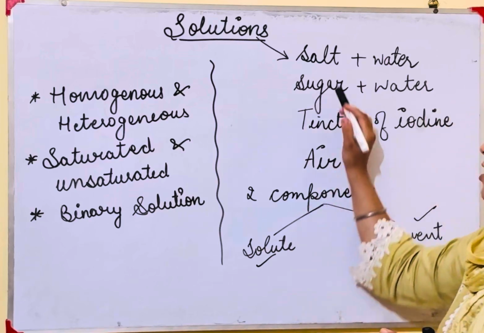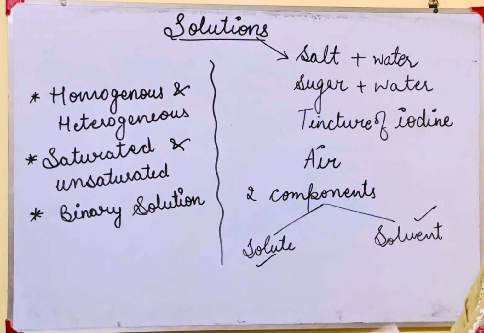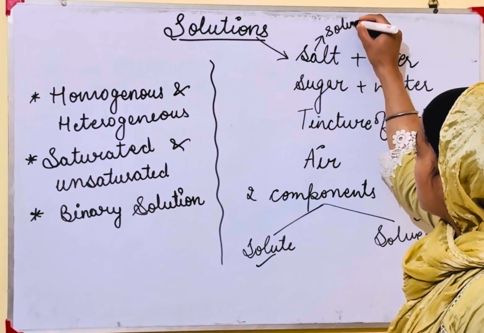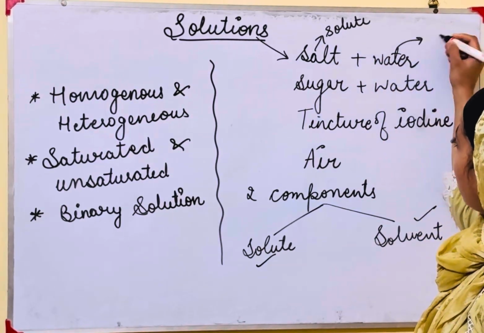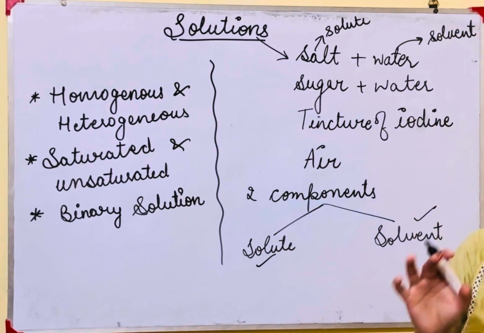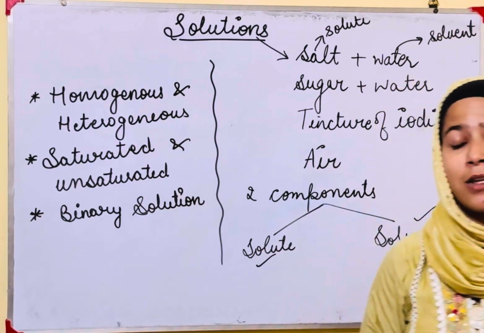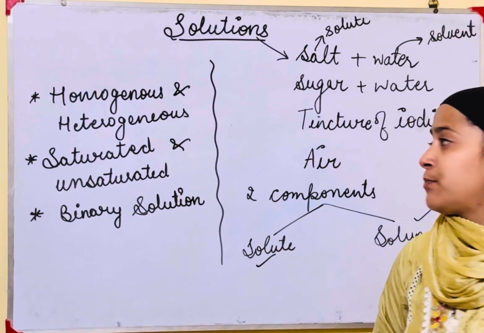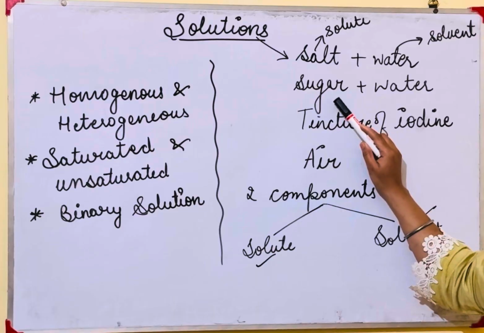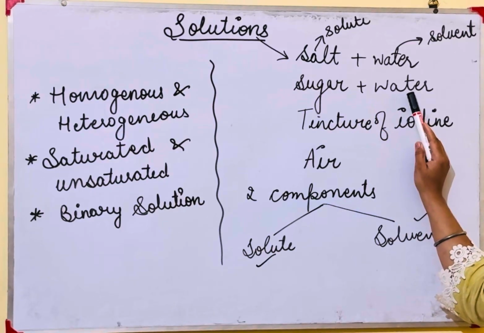This indicates this salt is present in lesser amount and this water is present in more amount. So here salt is the solute and water is the solvent. These are the two components of the solution which together form the solution. In the example of sugar in water, sugar is the solute and water is the solvent.